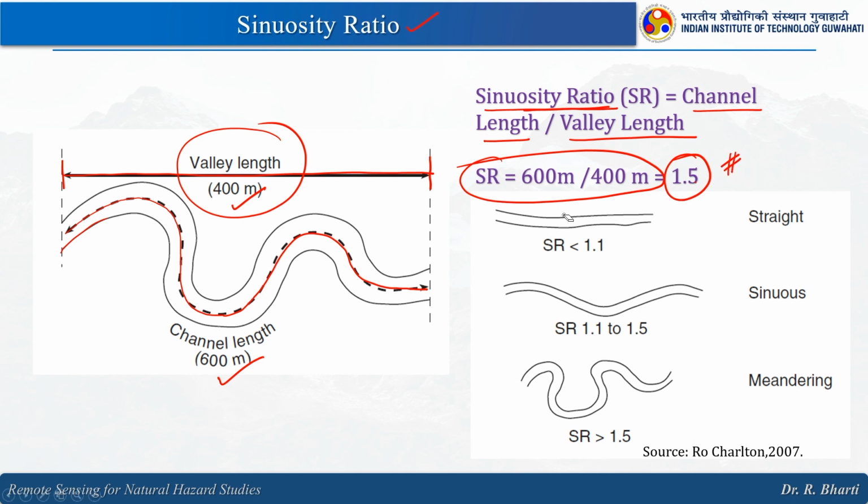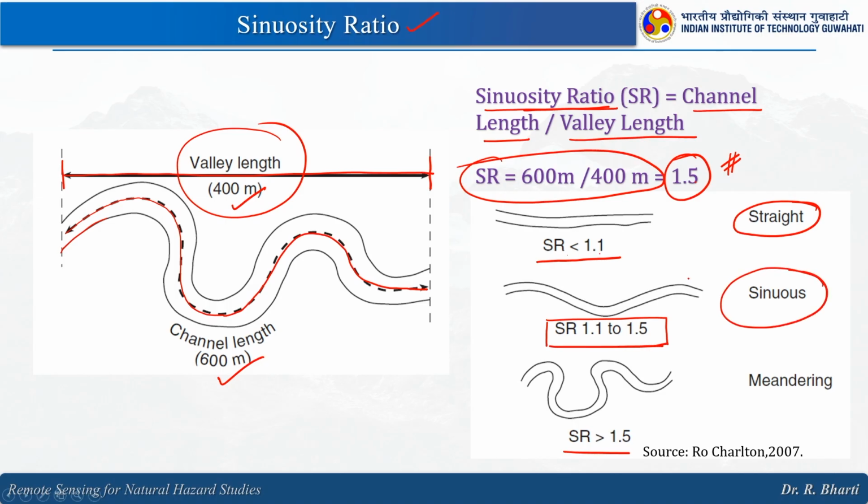So, we have these bases, right. So, if the sinuosity ratio is less than 1.1, that means your channels are straight. If the sinuosity ratio is between 1.1 to 1.5, that means your channels are sinuous, right.